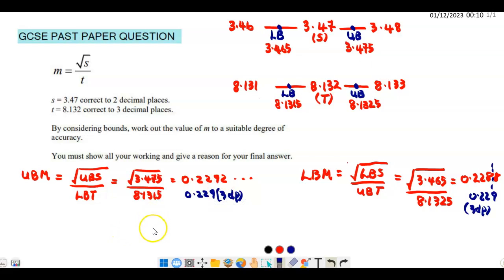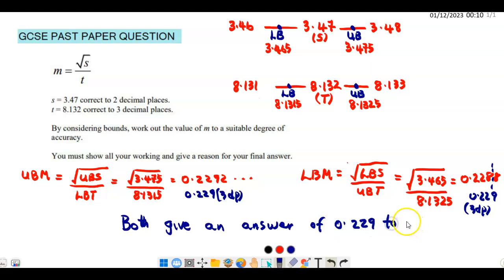So we can write that both give an answer of 0.229 to 3 decimal places.